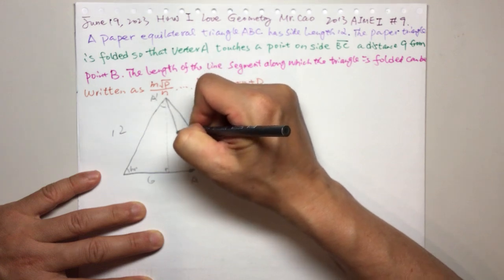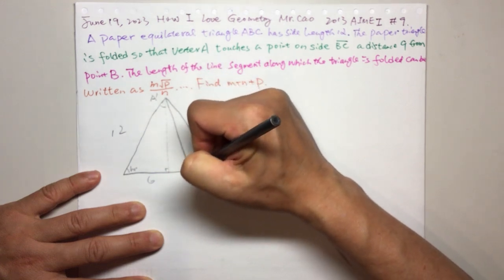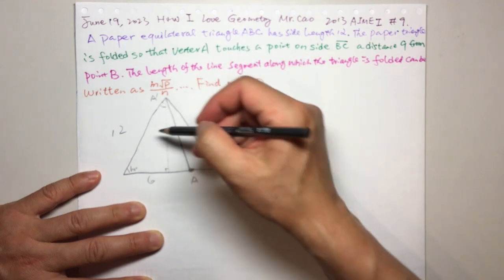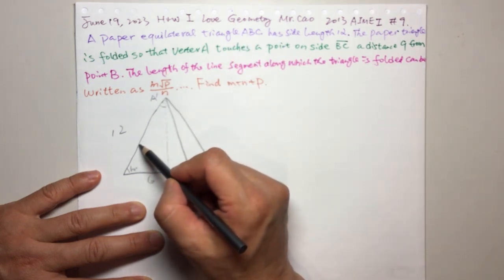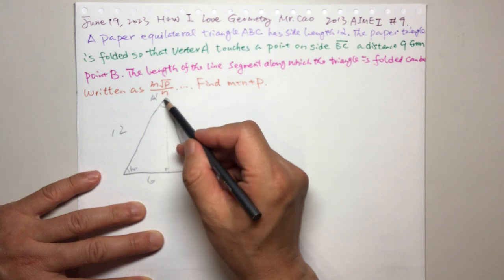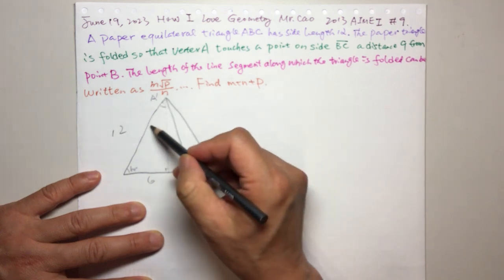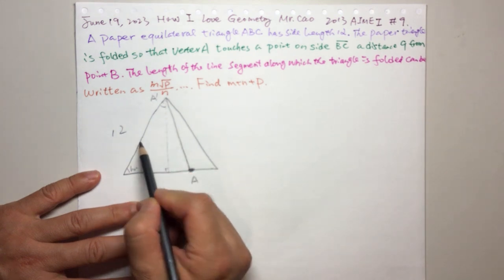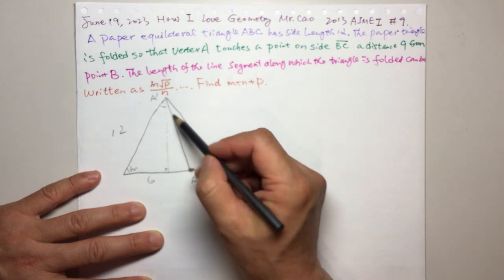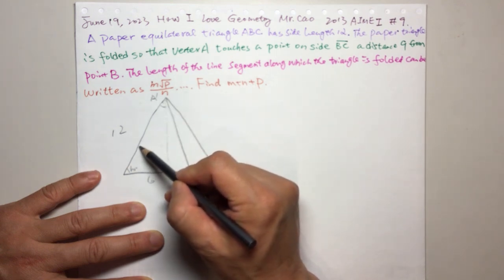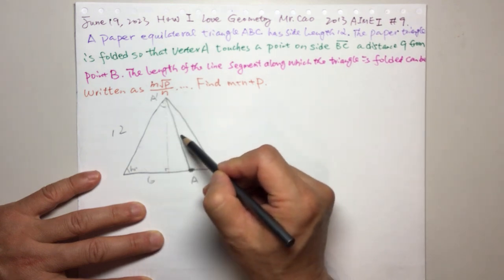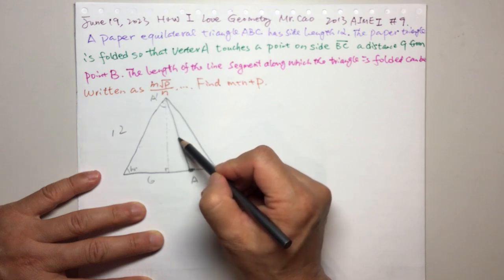We can connect this, right? We connect this one because we fold. When we fold it, this will be here. So it's an isosceles triangle, and this line will be the perpendicular bisector, right?